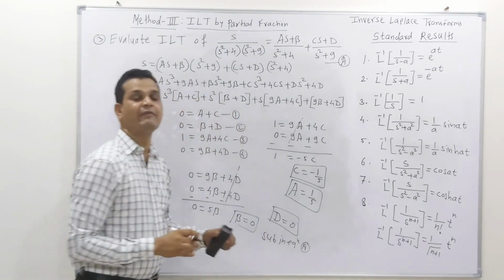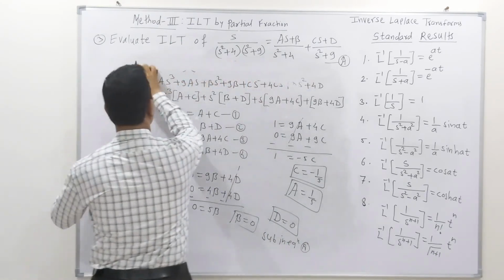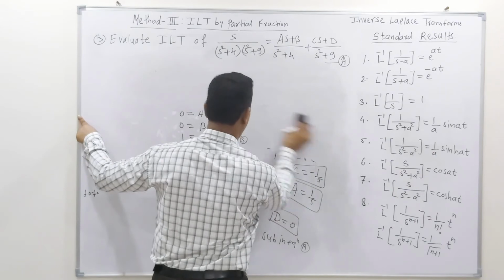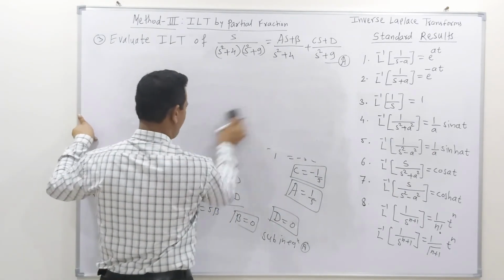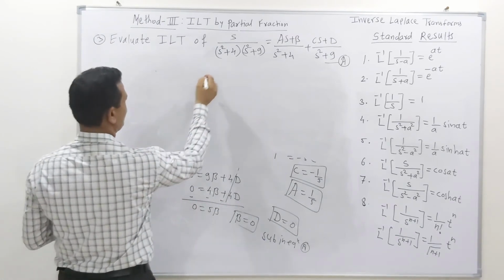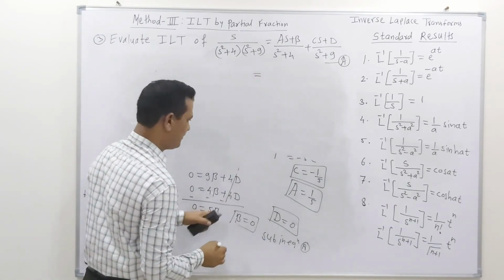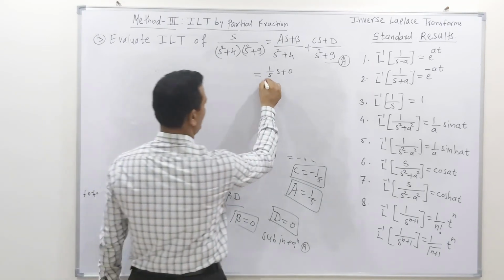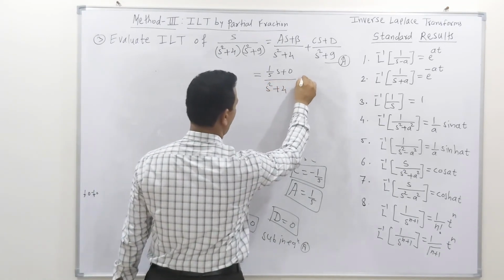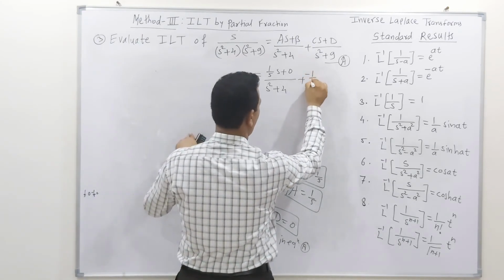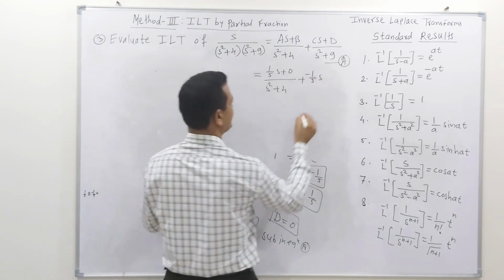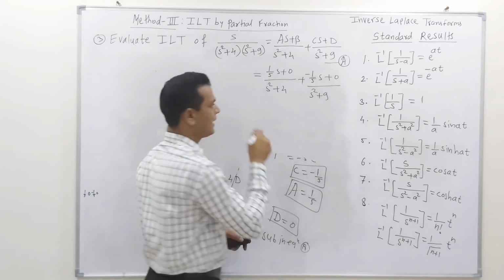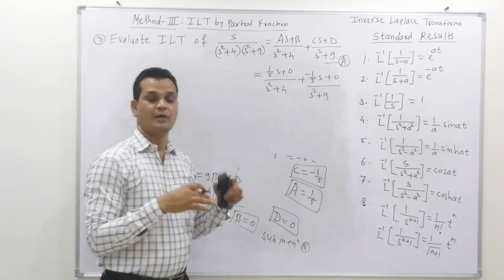After putting these values in equation a, we get the next step as a, which is 1 upon 5s, plus b, which is 0, divided by s square plus 4, plus c, which is minus 1 upon 5s, plus d, value of d is 0, divided by s square plus 9. So now we get two terms after partial fraction.